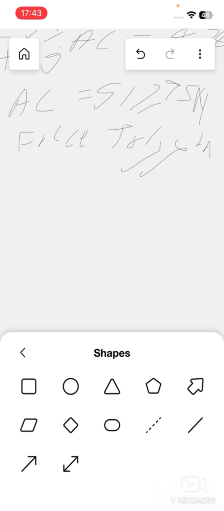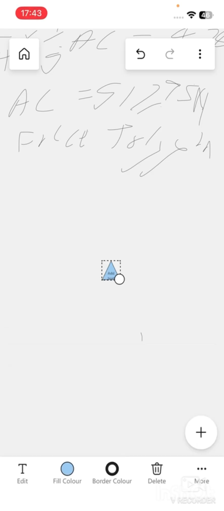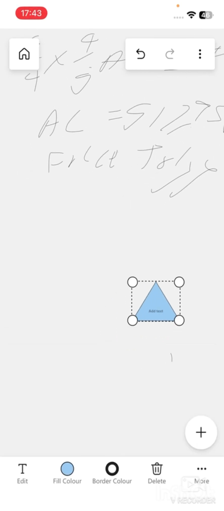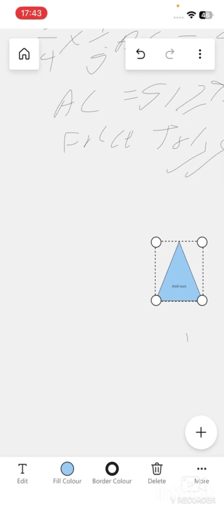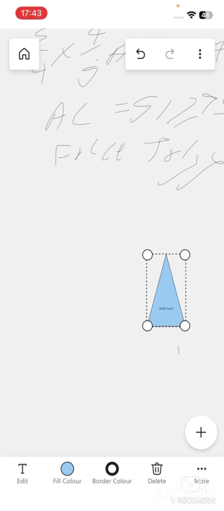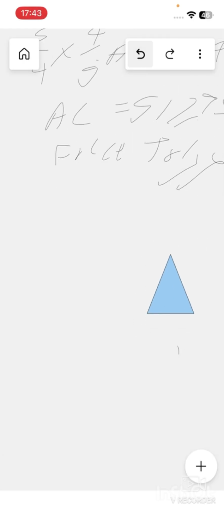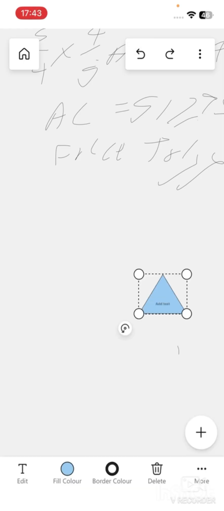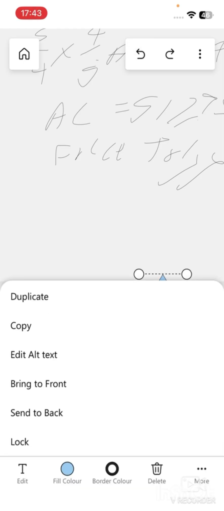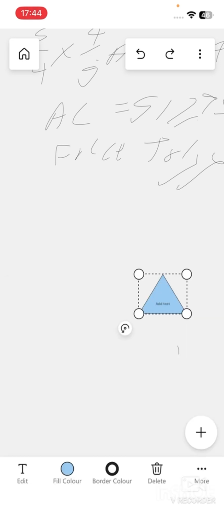Let me try to rotate. Not working. Let me draw with freehand.